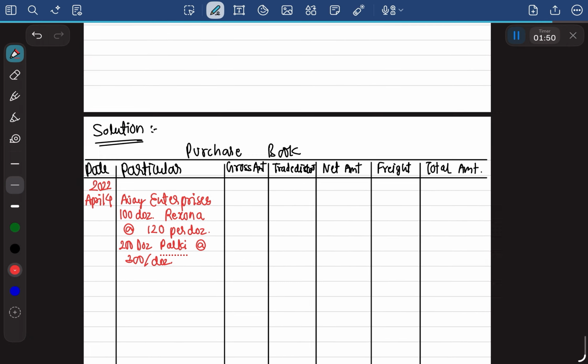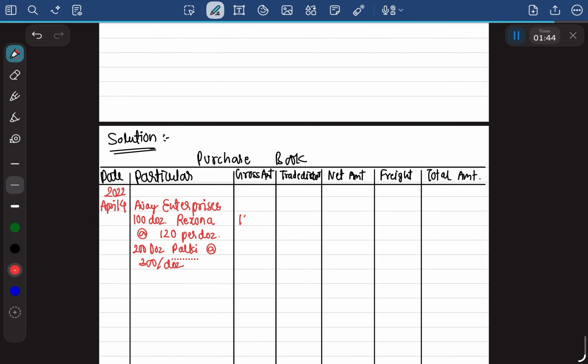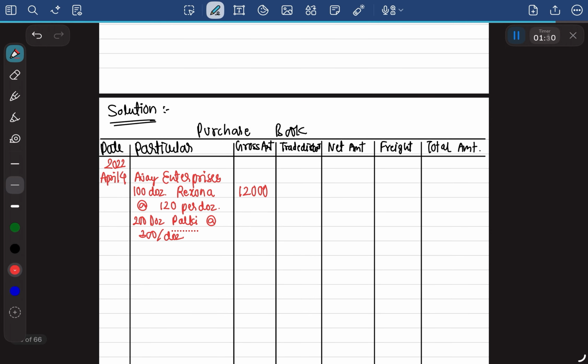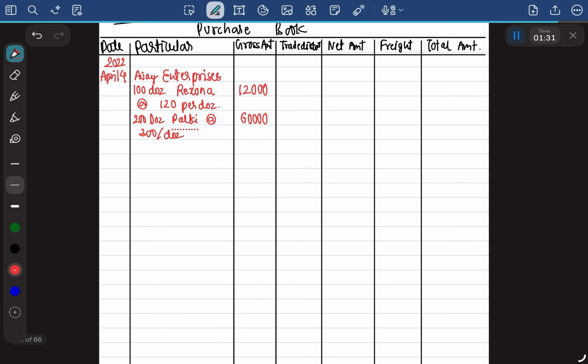Now the total amount of the first is 12,000, and now I have 200 multiplied by 300, so the total amount of this is 60,000, and together 72,000.